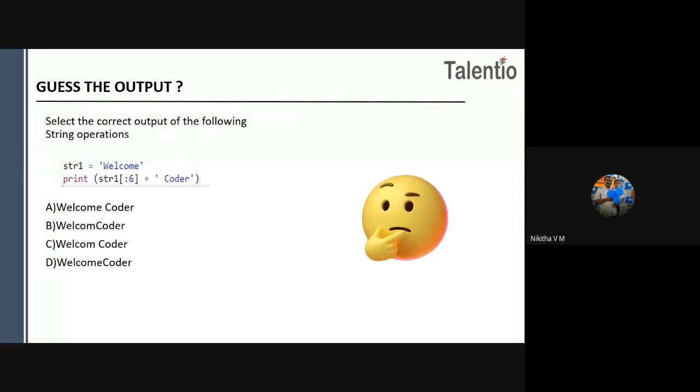Okay, let's see what is given here. Welcome is a string and we are using the slicing operator. So when I'm using the slicing operator, str1 colon 6. If I'm giving colon 6, what will it print? 0 to 5, exactly. So 0 to 5 means 0, 1, 2, 3, 4 and 5. Till M it is going to print.